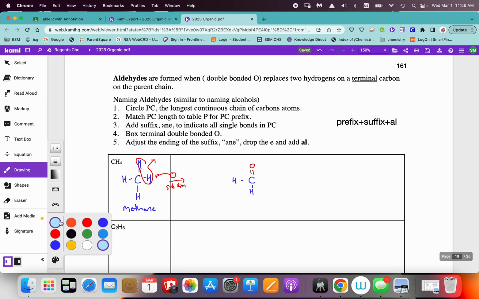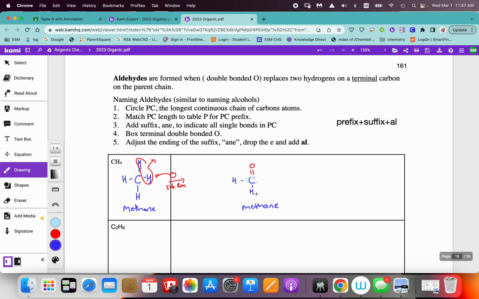So when we take a look at our parent chain, we started off with 1 carbon in the parent chain. We still only have 1 carbon in the parent chain. So this is still meth, because it's 1 carbon. This carbon is not forming any other bonds with any other carbons, so we keep it simple as methane.